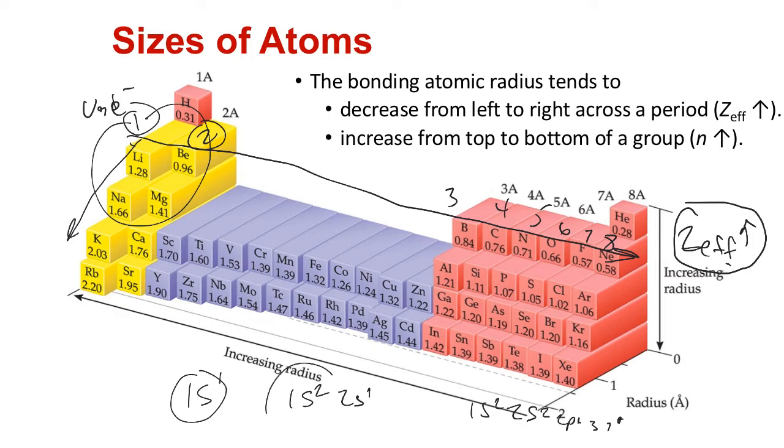So hydrogen smaller, lithium bigger, sodium even bigger. So we get an increase in size from top to bottom just simply because our outer valence shell is increasing in size. So the n value goes up from top to bottom, so the size increases. So a decrease from left to right in atomic size, but an increase in atomic size from top to bottom.